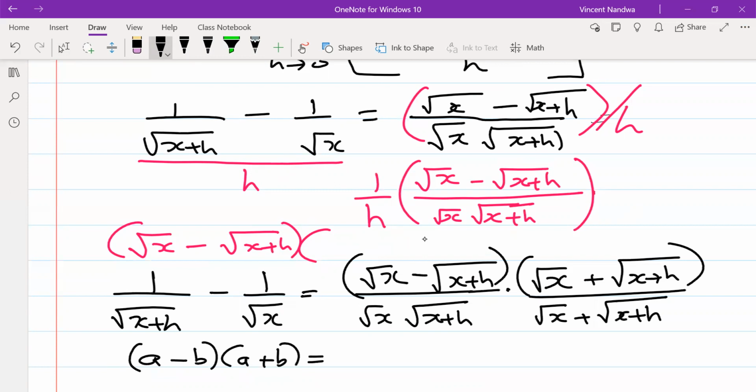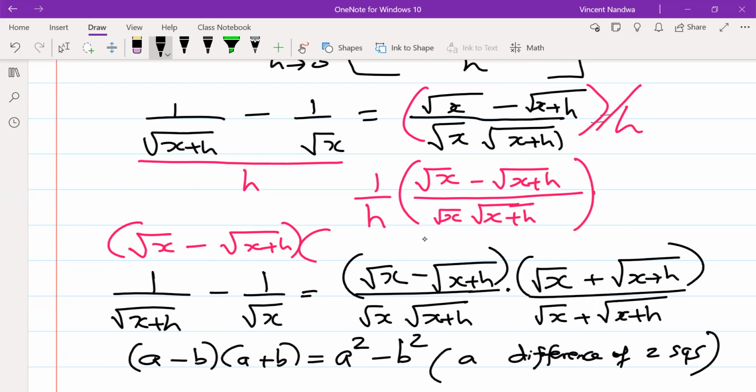What's the expansion of that? A squared minus b squared. These are the difference of two squares. Okay? Difference of two squares.